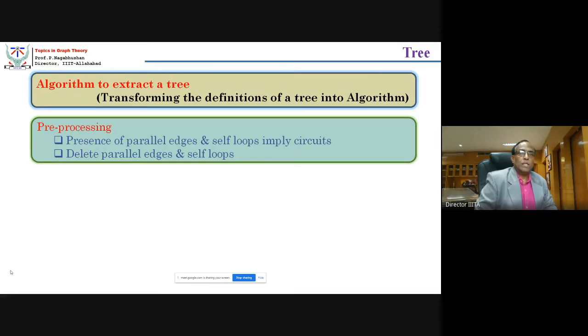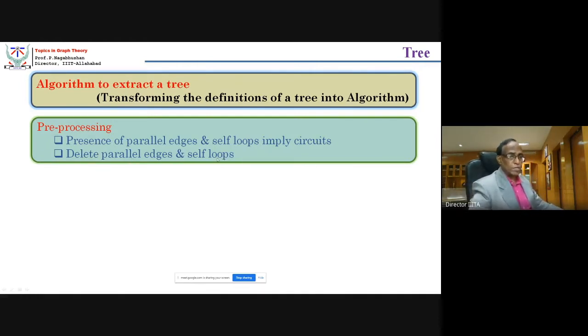In other words, there is no scope for parallel edges. There is no scope for self loops. So the very first work is, given a graph, just identify the presence of all parallel edges and self loops. Because parallel edges cause circuits, and self loops definitely cause circuits, therefore remove all parallel edges and remove self loops.